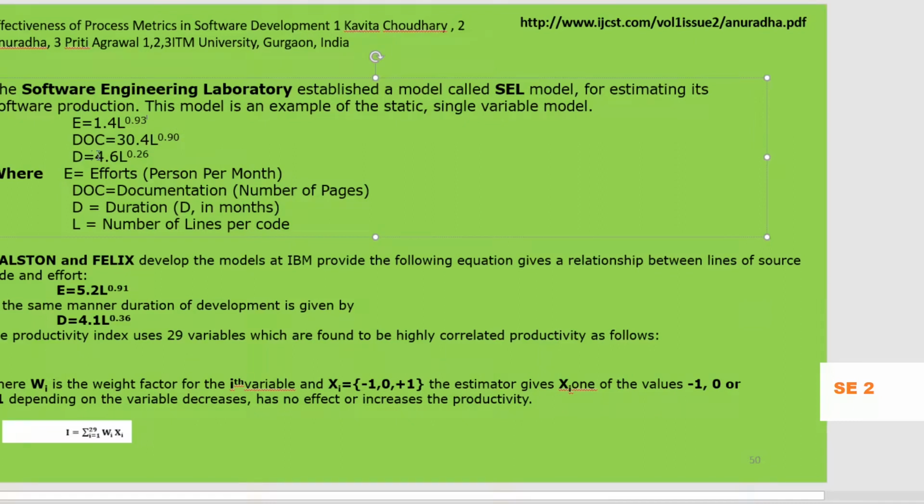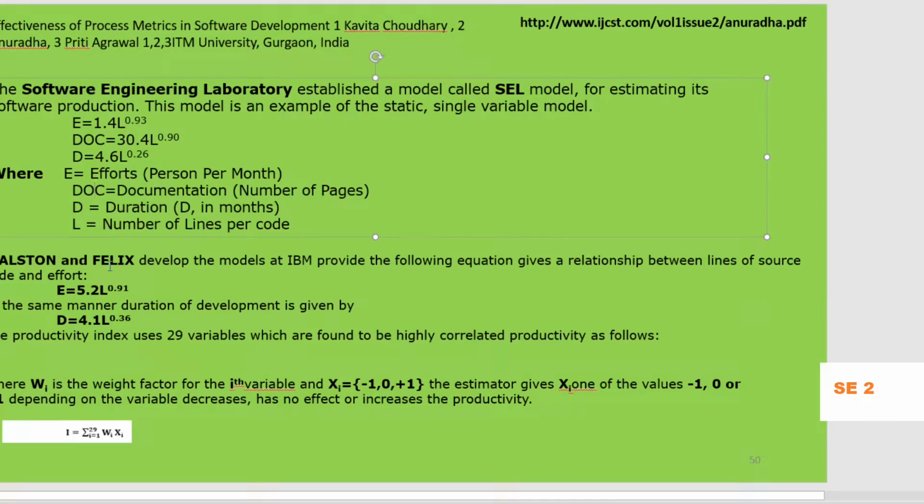And then D is equal to 4.6 L raised to 0.26. So, ano nga ba yung mga yan? E is the effort in person-months. DOC is documentation, number of pages. D is the duration in months. L is the number of lines of code.